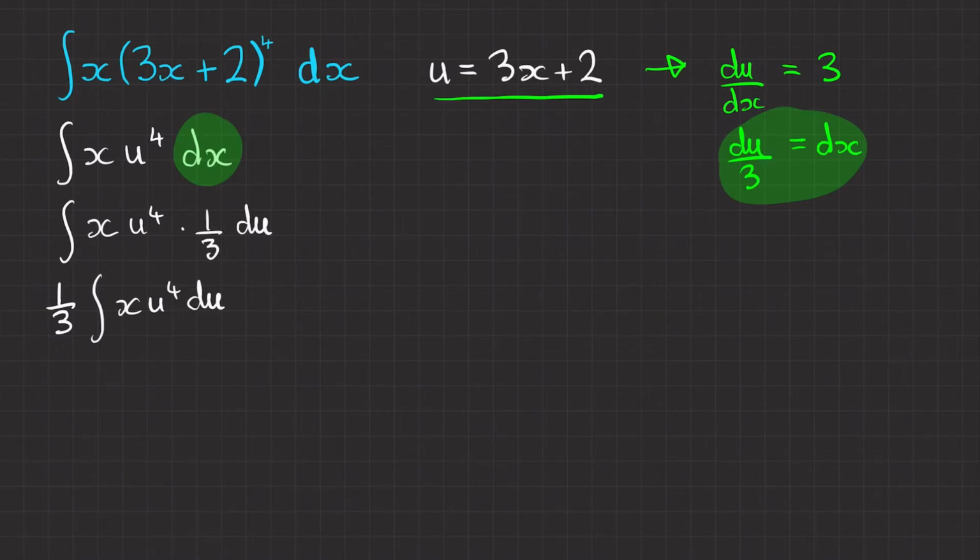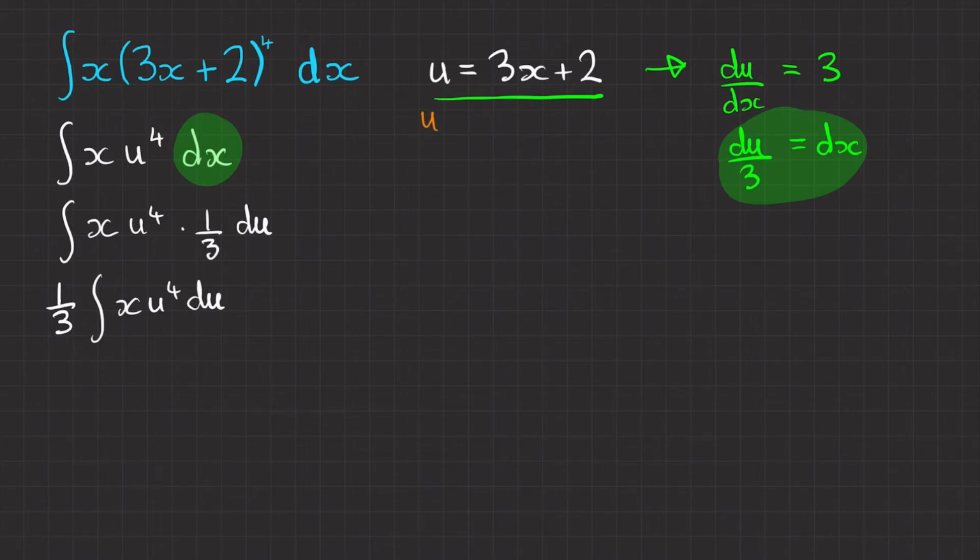Now the problem is here, we're integrating with respect to u, however we've got an x term involved still. So we need to eliminate this x term and replace it with a u term equivalent. To do that, I'm going to look back at this u term here, and I'm going to rearrange it to get x on a side on its own.